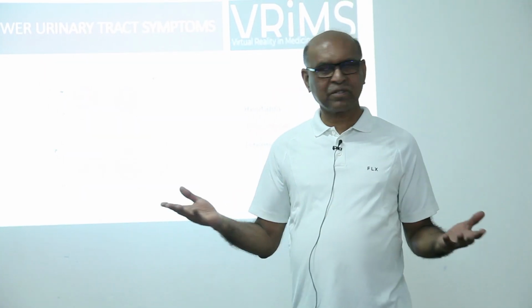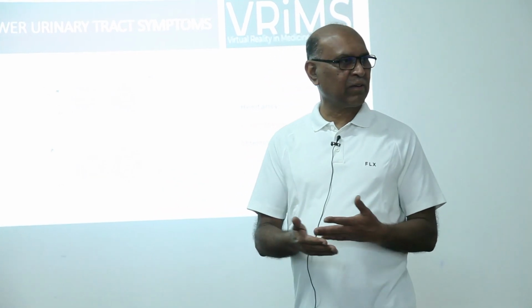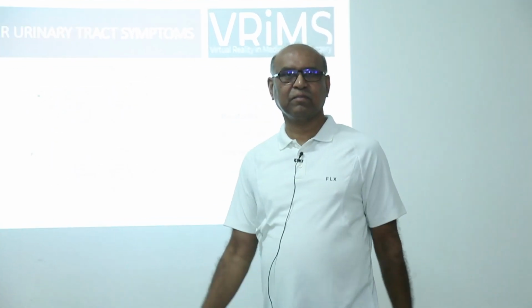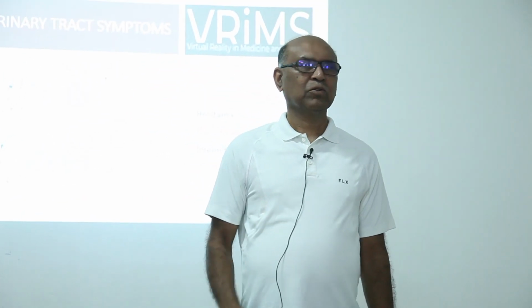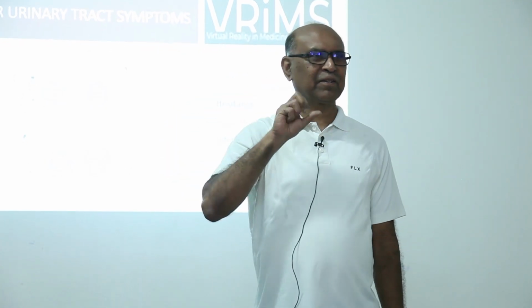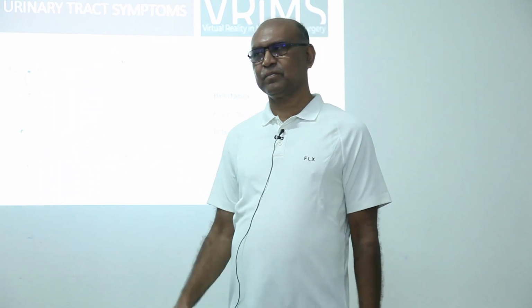You can have a good stream. Then when it goes to 70, you will start hesitancy, then poor stream. Later on, when the magnitude increases, it goes to intermittency. So the force may not be totally interrupted, as you said. It doesn't stop and start, stop and start, but the force will keep varying.